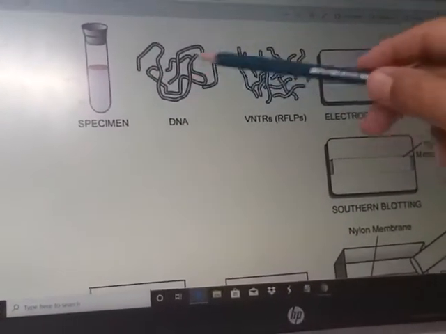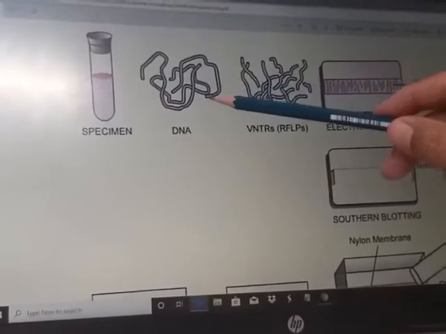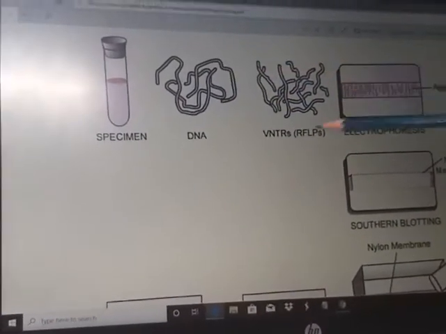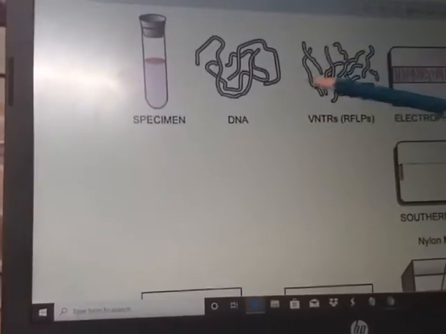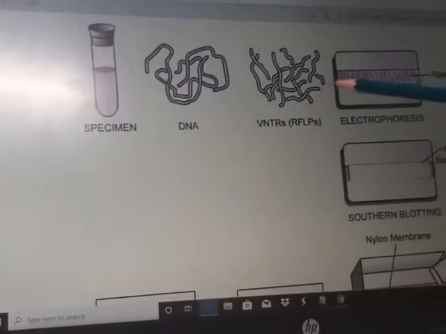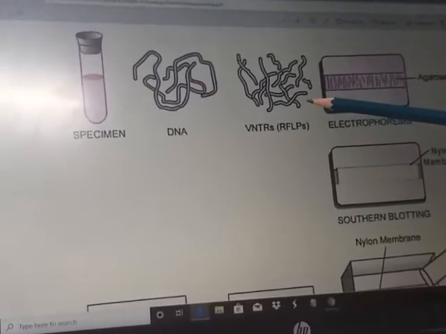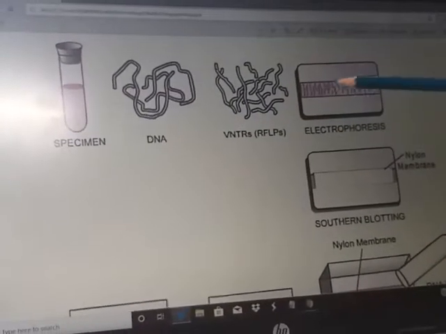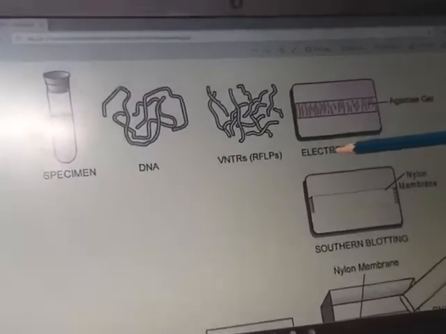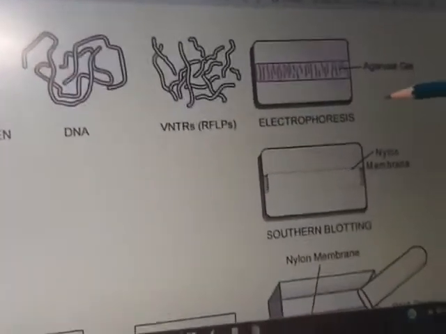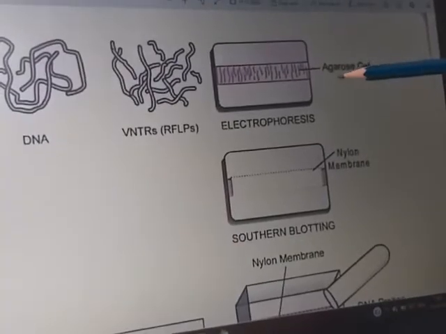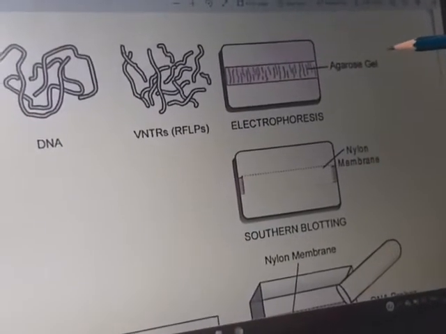Actually you cannot show it like this, but to make you understand that DNA has been isolated from the cell, and these are short fragments of DNA when they were cut by using restriction enzymes. But how to separate them? The technique was electrophoresis, also called gel electrophoresis, because agarose gel is used in this technique.